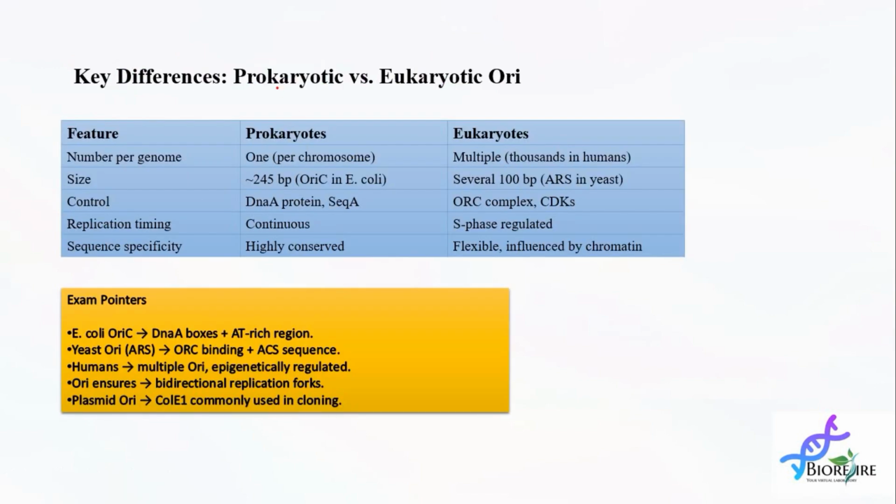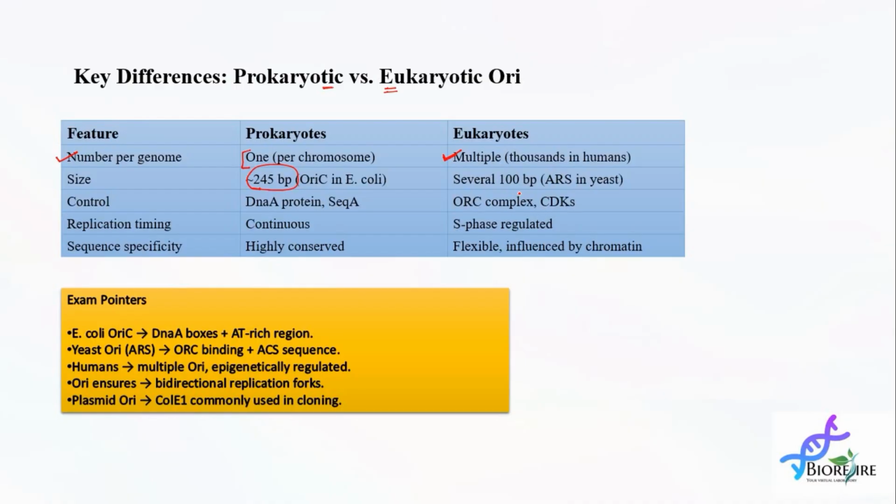Now we discuss the difference between the ORI region of prokaryotes and eukaryotes. If we're talking about the number per genome, in prokaryotes only one ORI region is present, but in eukaryotes multiple ORI regions are present. If we're talking about size, the ORI region contains a specific sequence and its length is 245 base pairs.